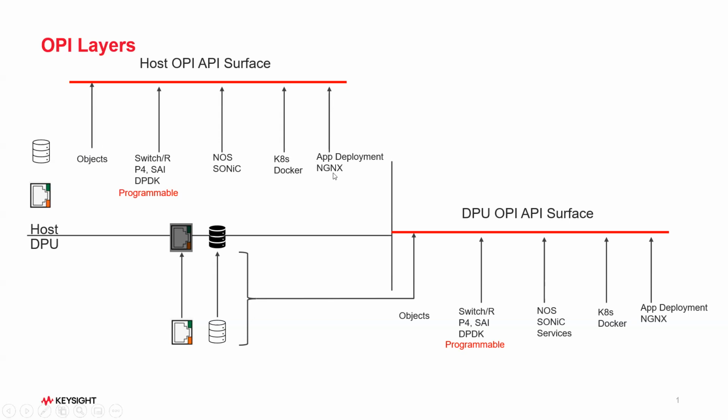Let's say Nginx wants to deploy applications. That means everything below that, everything to the left of this, is configured to a certain point, and then Nginx would come and create an application deployment platform. In one use case, Nginx is many things, but in one use case.